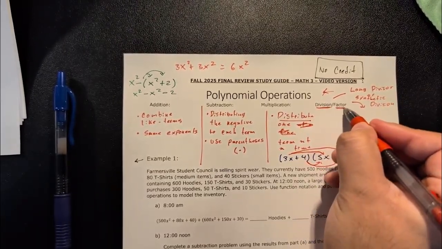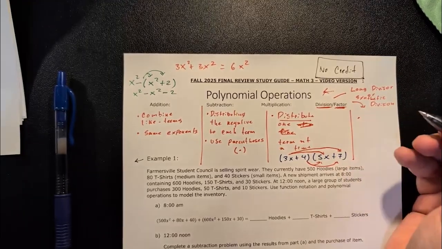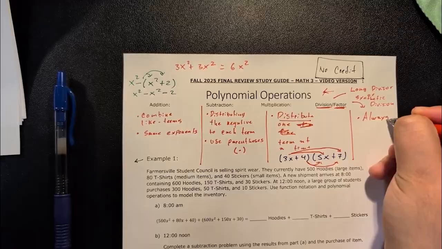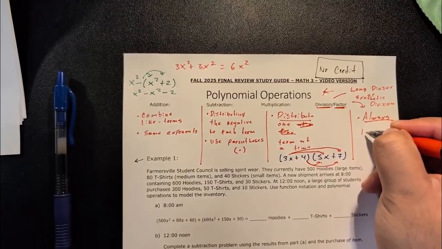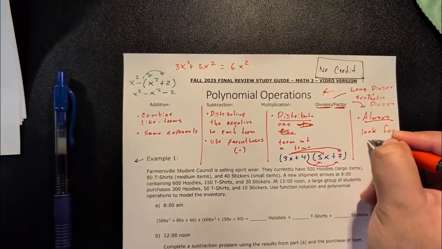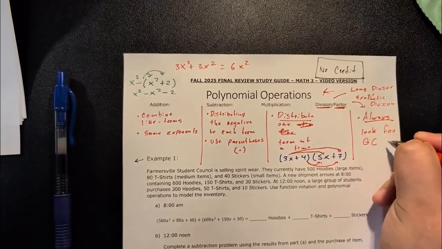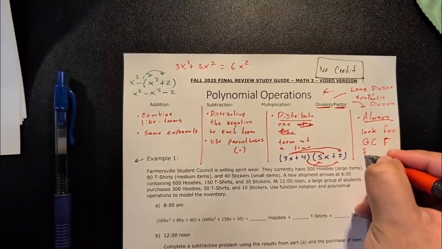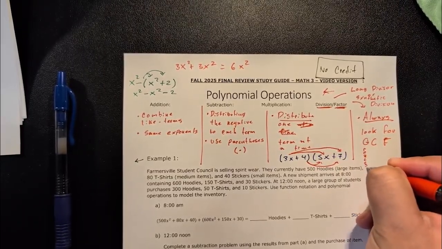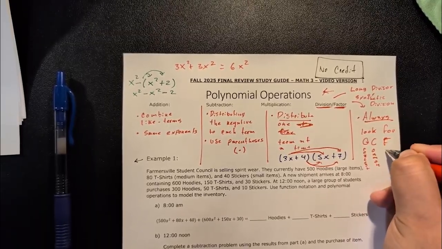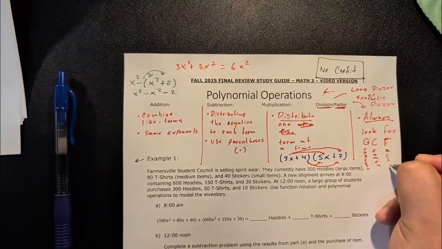When we're talking about factoring, before we do anything, we always look for the GCF, the greatest common factor.